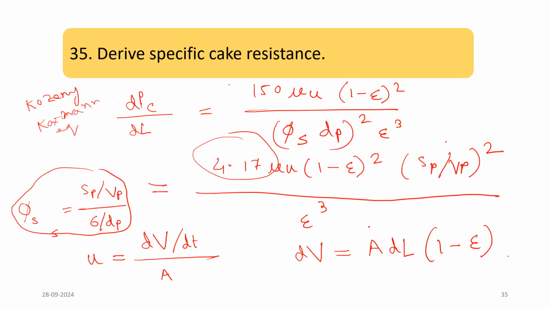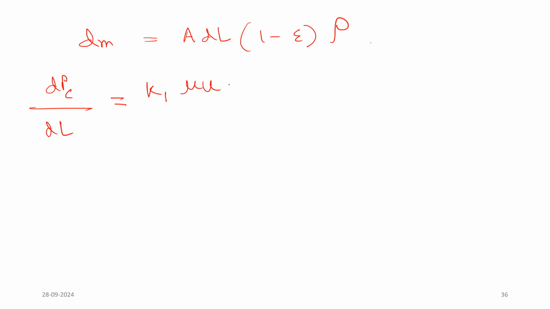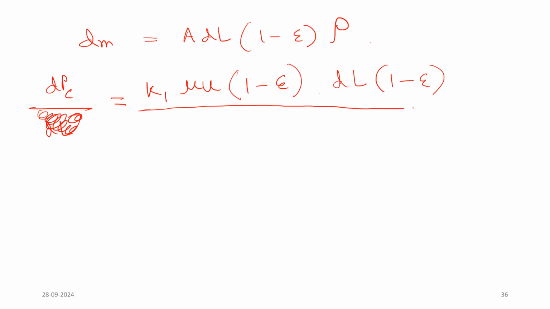In the bottom, epsilon cube is there as it is. So we have to multiply both of the things with A and rho. Now if you remember, this is nothing but dm, right? So now dPc, the pressure difference across the cake, is K1 mu u (1 minus epsilon) divided by rho A epsilon cube into dm, right?